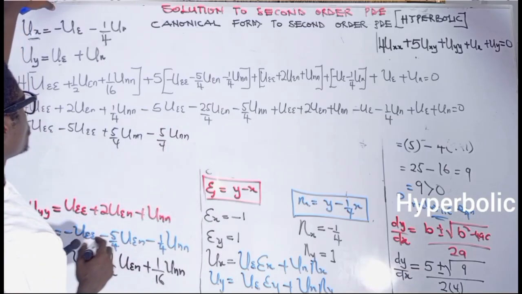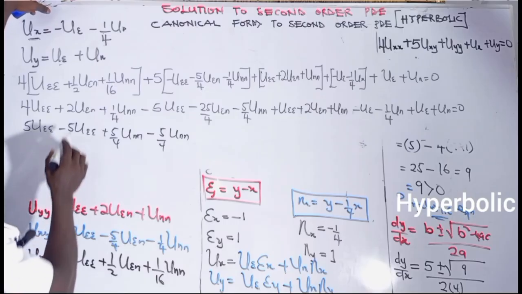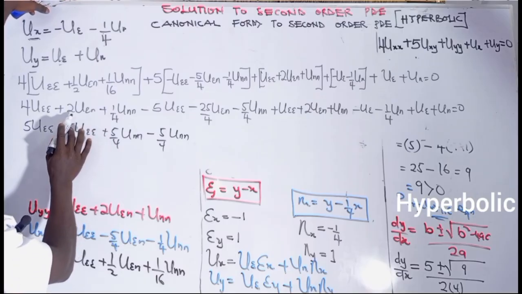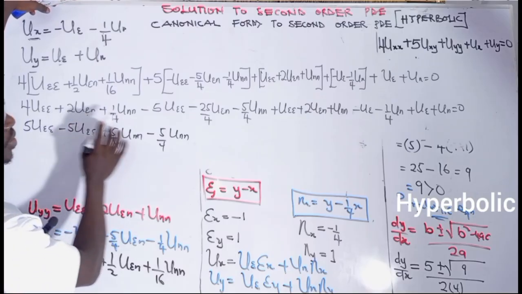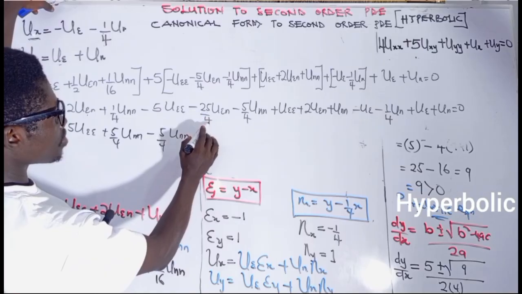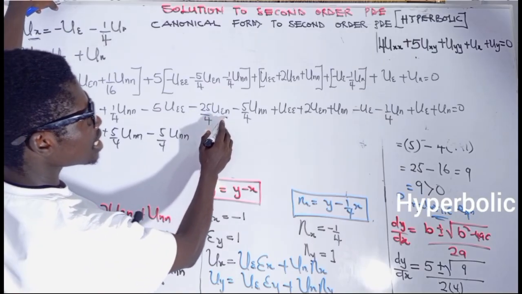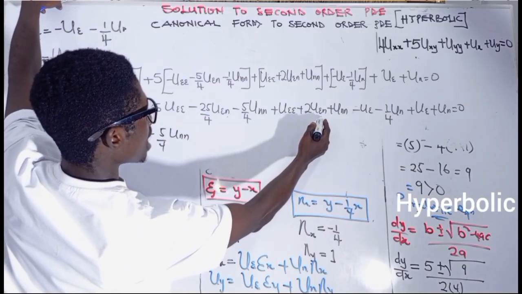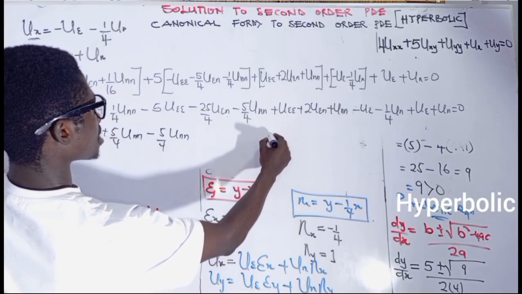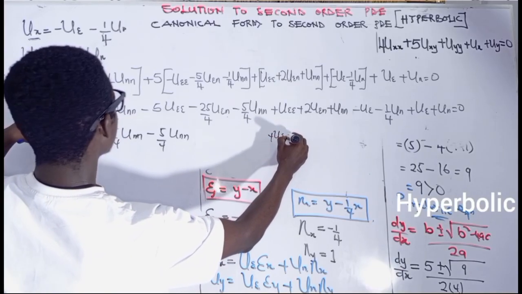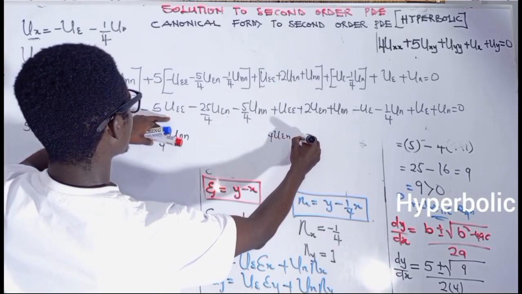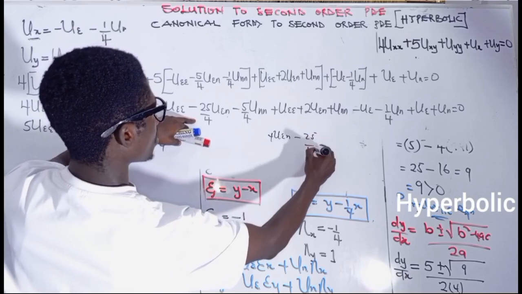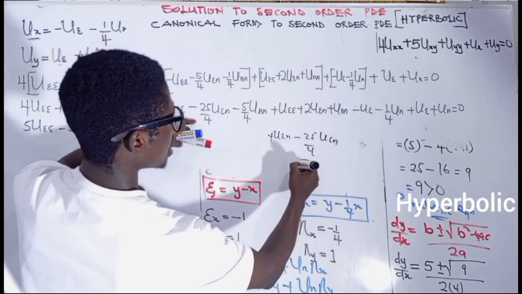Then we move on to the u_xi_eta terms. So 2u_xi_eta, we also have 25 over 4 u_xi_eta, and we also have another 2u_xi_eta. So 2 plus 2 gives us 4u_xi_eta, minus 25 over 4 u_xi_eta.